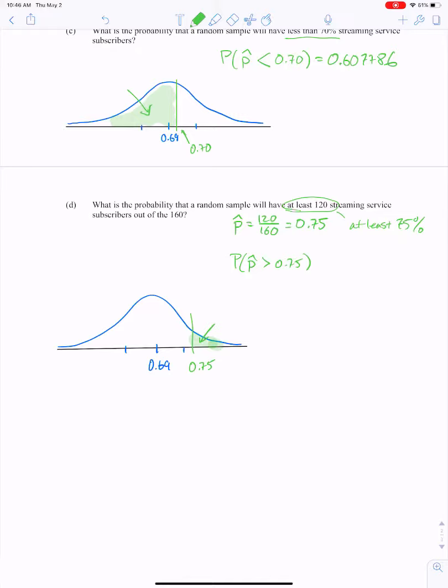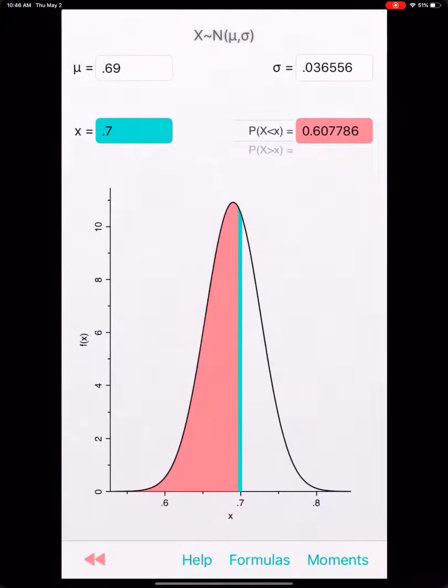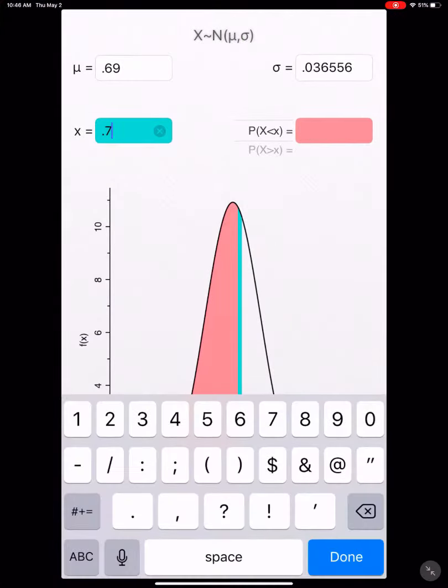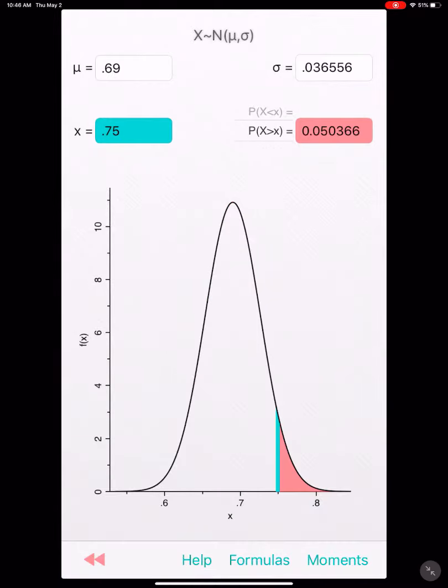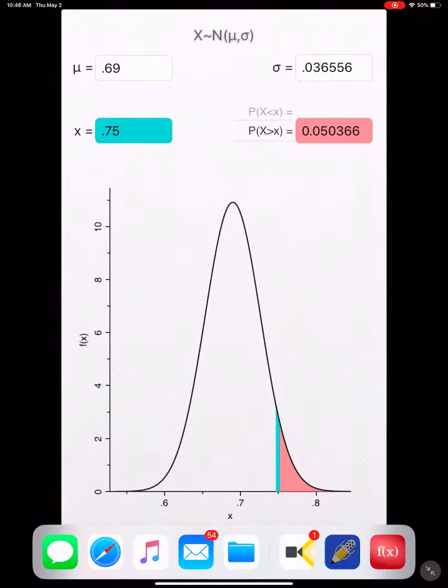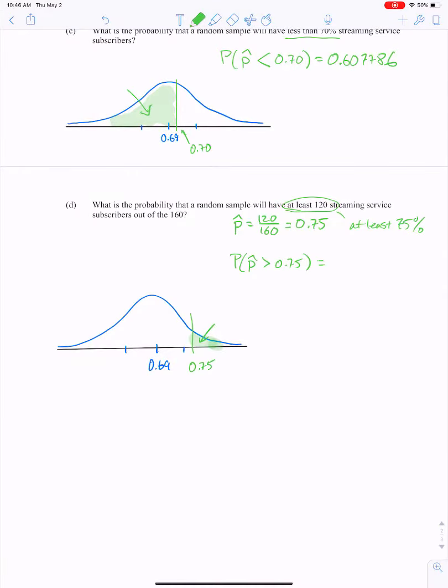So if I flip back to our app and type in 0.75, change it to greater than, we get the probability is equal to 0.050366. Same parameters, everything is the same. So go back to our note, and that is equal to 0.050366.